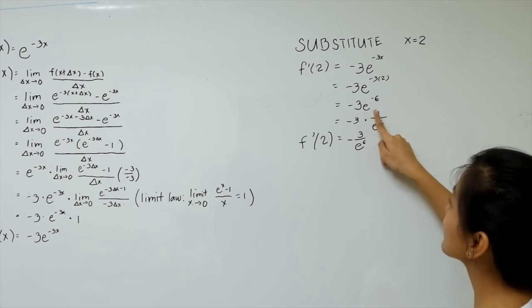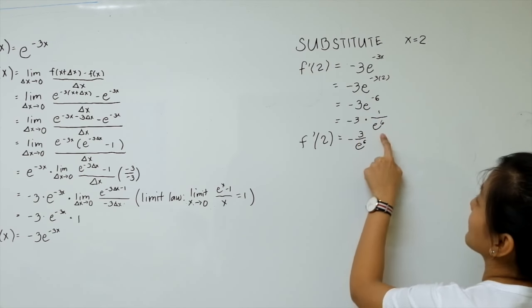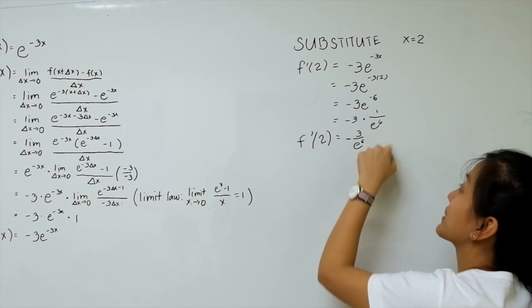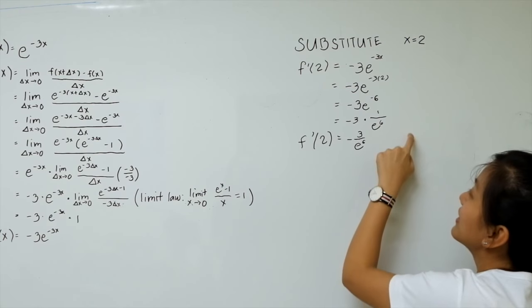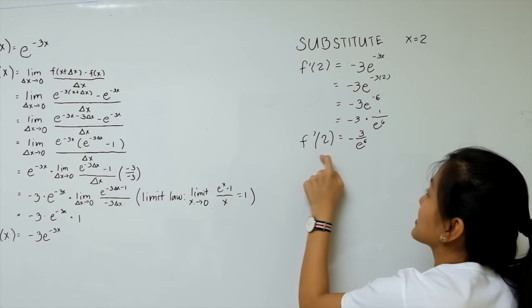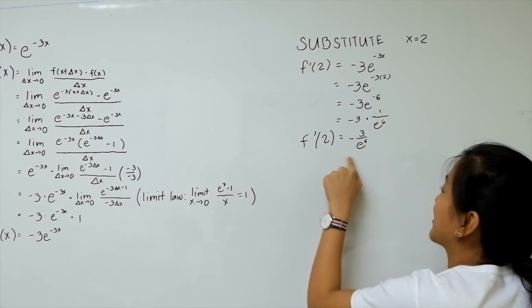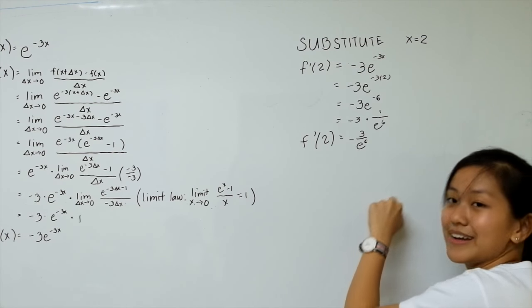You can separate the negative 3 and the e to be able to make the exponent positive, so you make it 1 over e to the 6, and so your final slope of the tangent line is equal to negative 3 all over e to the 6.